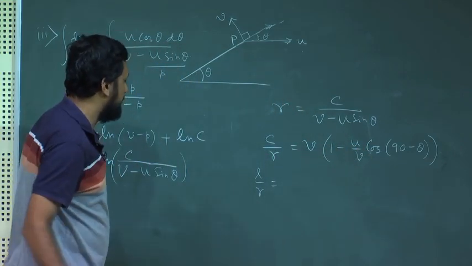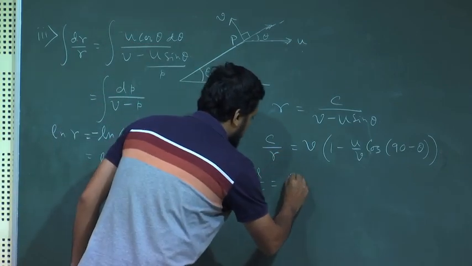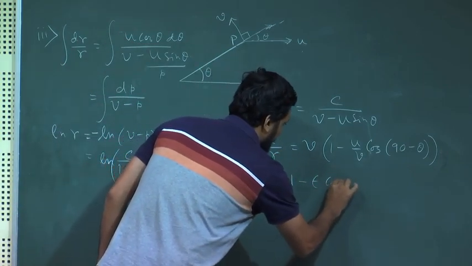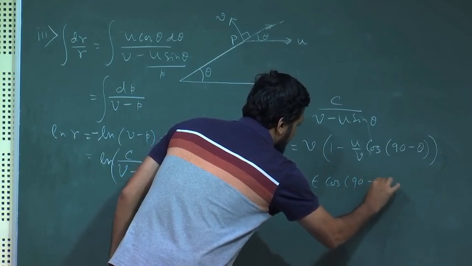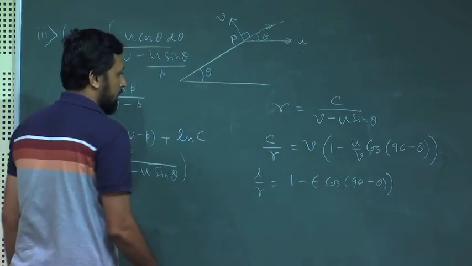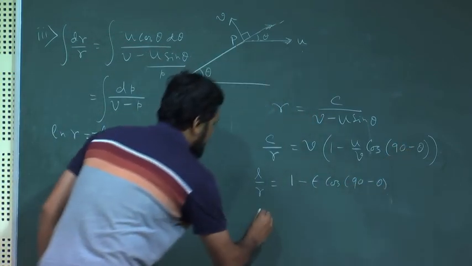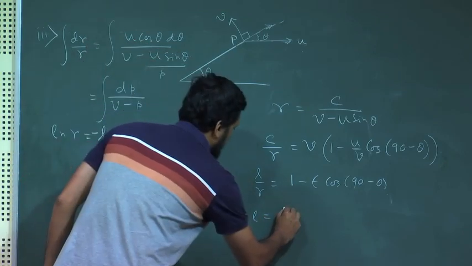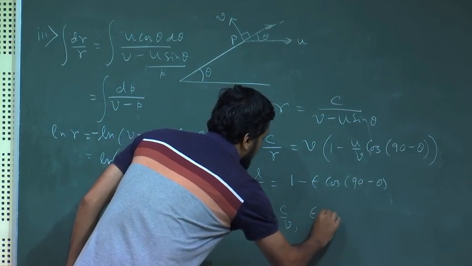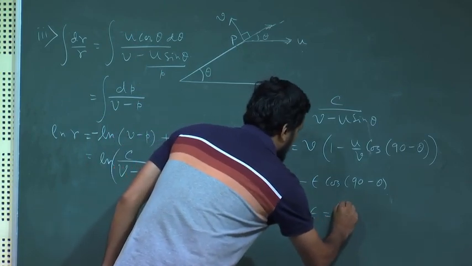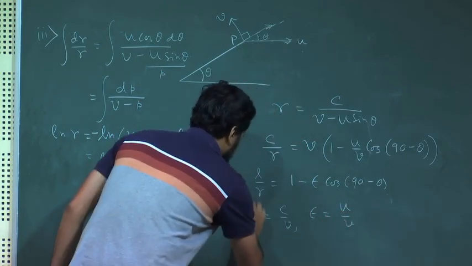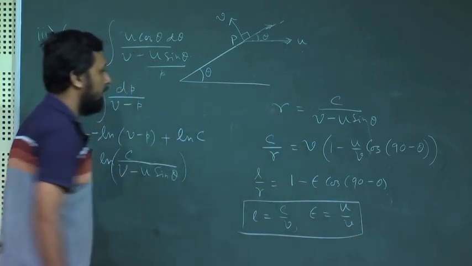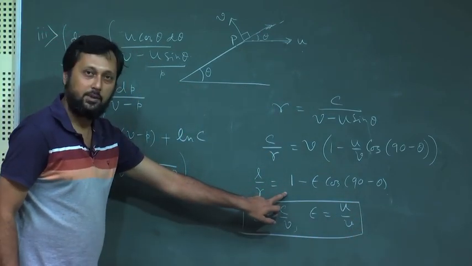So, we see L by R is equal to 1 minus epsilon cos (90 minus theta), with L equal to C by V, epsilon equal to U by V.